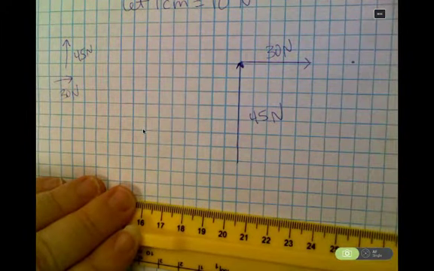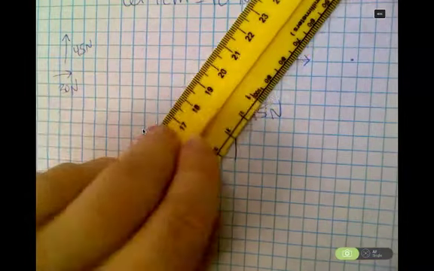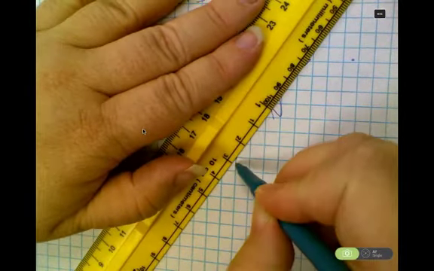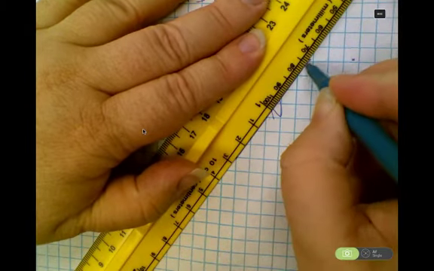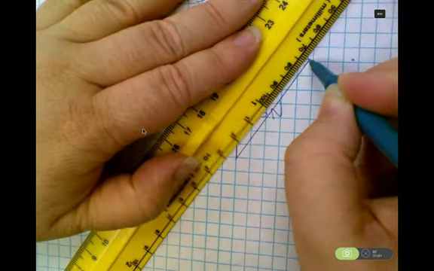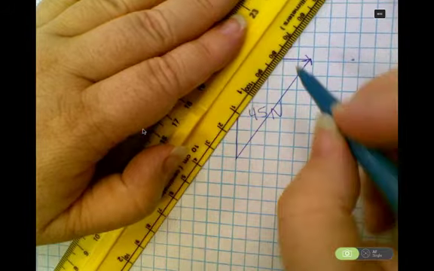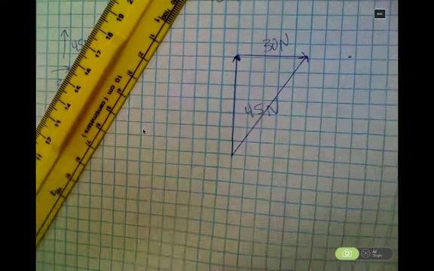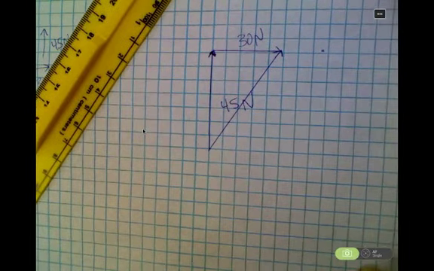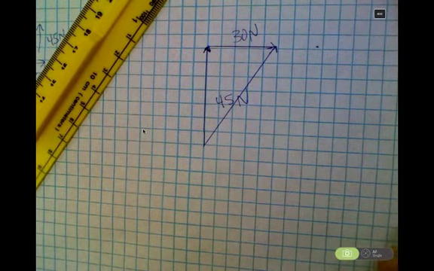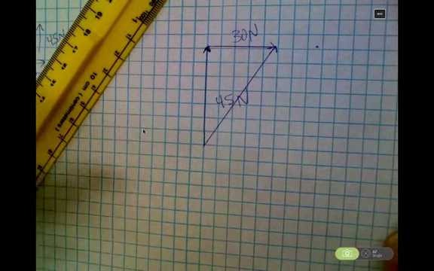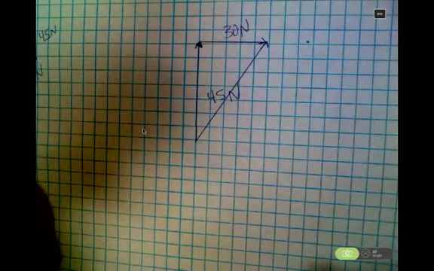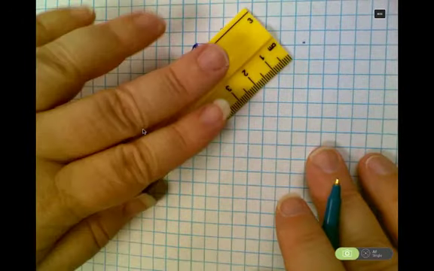And then I'm going to draw my resultant. Now the resultant here is going to be the sum. Remember, we go tail to tail and tip to tip on the resultant. And this is my resultant. Now to figure out the sum of the forces here, because it's not a distance, we would simply measure this line.